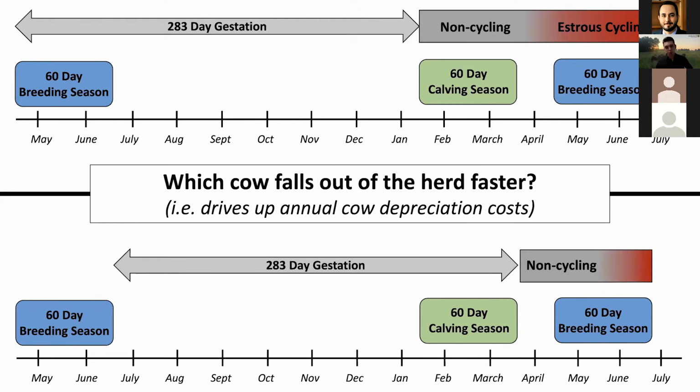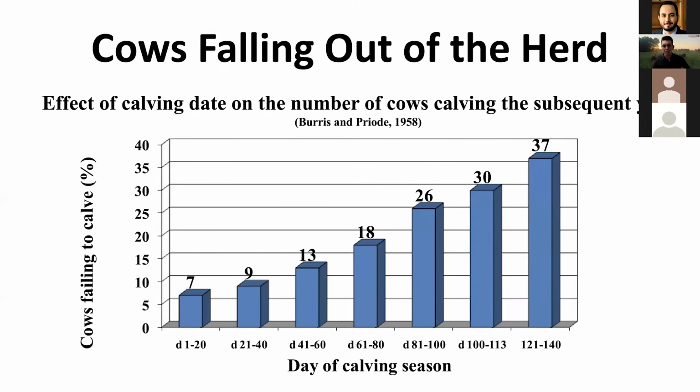And as a result is driving up what's actually often the second biggest cost associated with commercial cows, and that's depreciation, her annual loss in value, as she potentially becomes open and has to be culled out of the herd. So if you look at the percentage of cows failing to calve next year as a result of when they calved this year, the story is pretty telling.